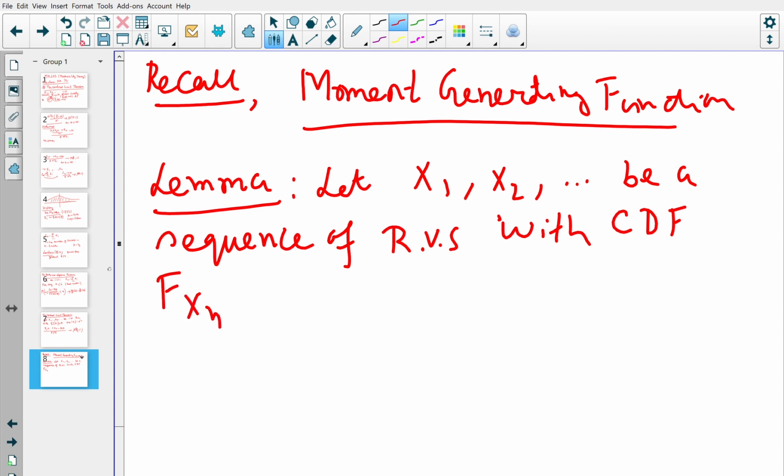So what does that mean? That F of x1 is the distribution function of x1, F of x2 is the distribution function of x2, and so on. Okay, and moment generating function.